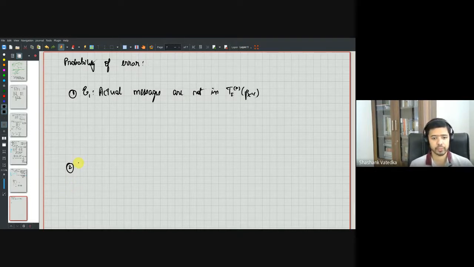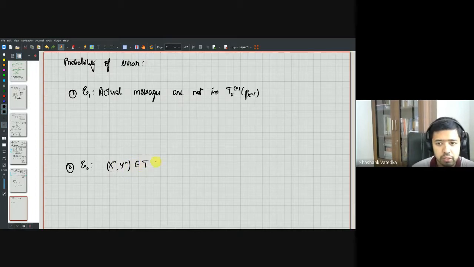xn yn. Right. The second source of error is that, well, xn is typical. So xn is in T epsilon n, so both xn yn are typical, could be in the typical set or not, but there is some other pair which is jointly typical.